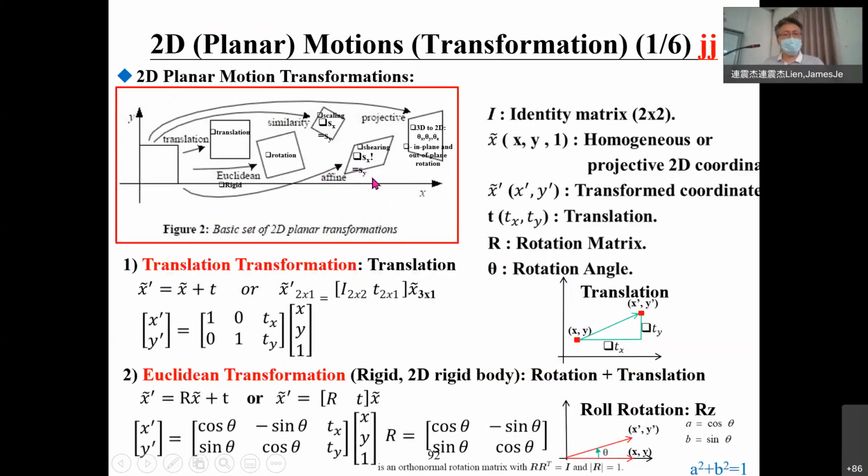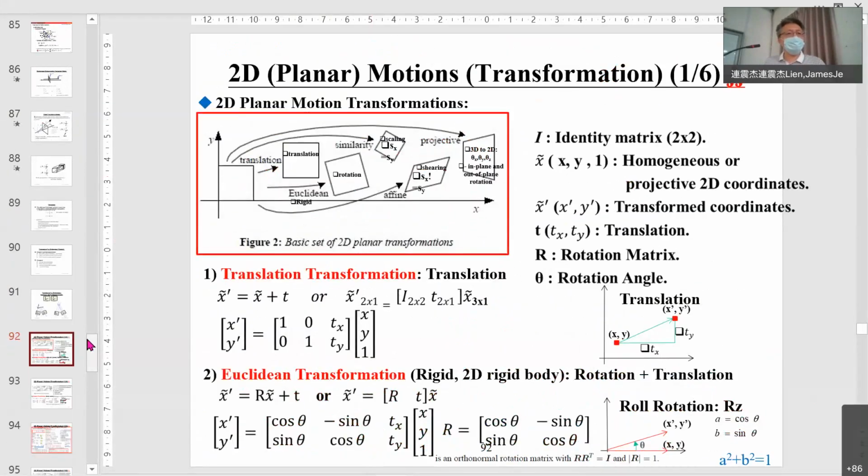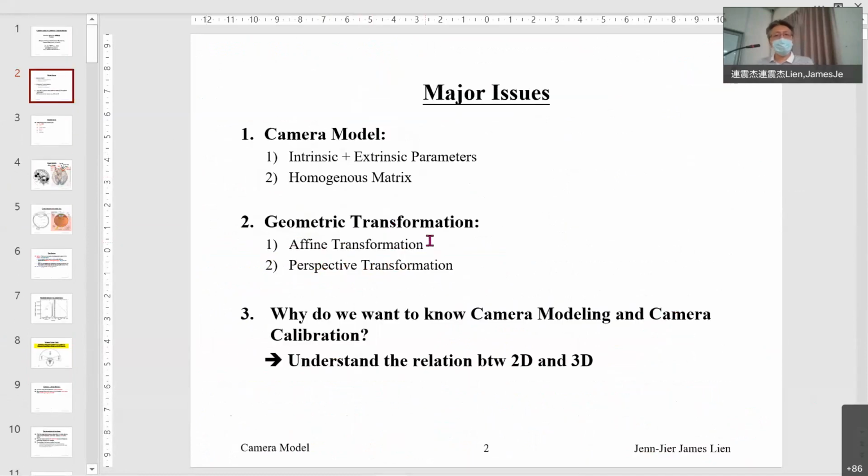The last one I will talk about is the affine transform. Going back to the beginning, I talked about the camera model and the relationship between 2D and 3D.